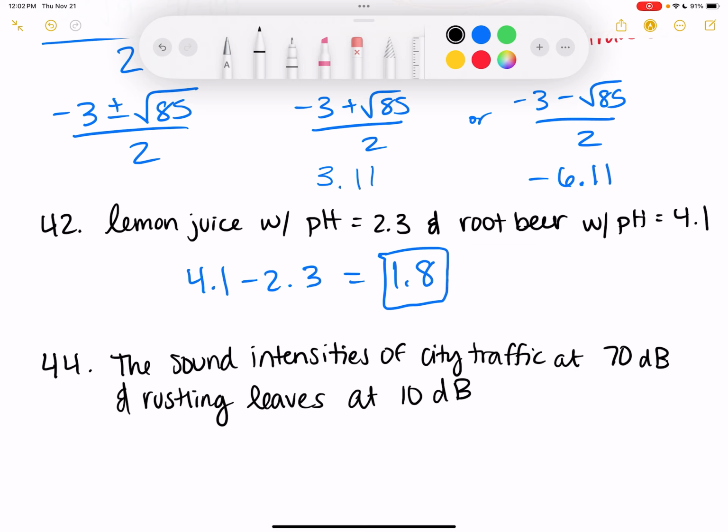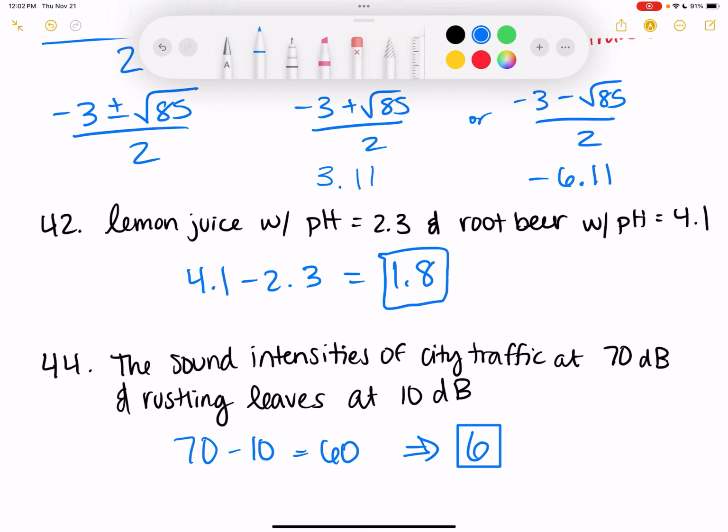So 70 minus 10 would be 60. But order of magnitude needs to be things that are like powers of 10. So this would actually just be an order of magnitude of 6. Basically you just take the 0 off. We want whole digit numbers, single digit numbers, so they're not anything super crazy.